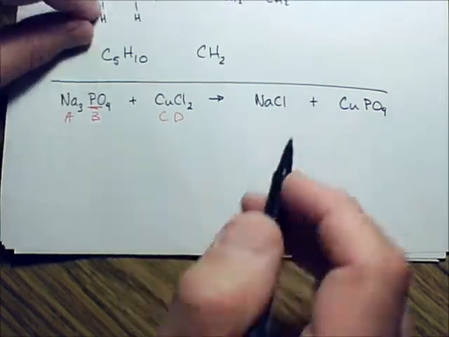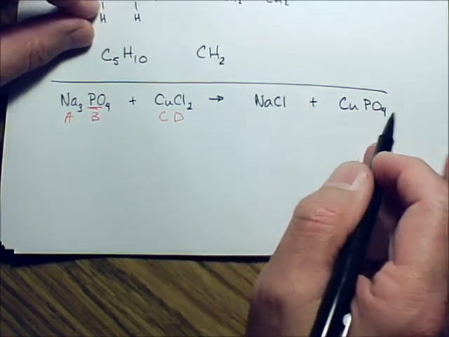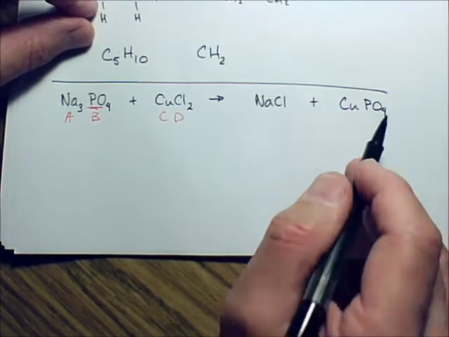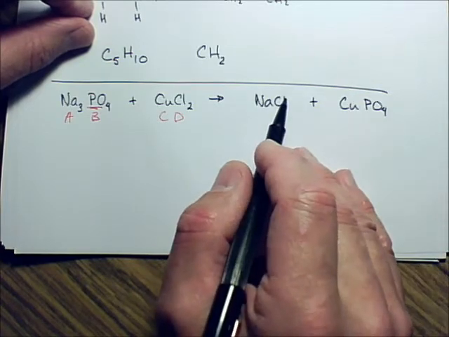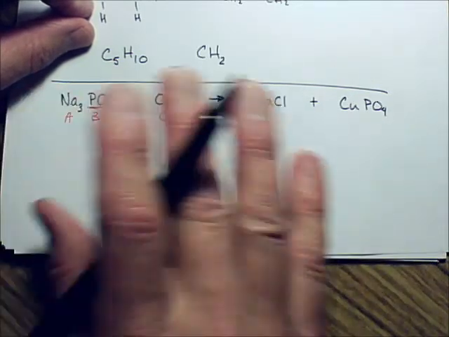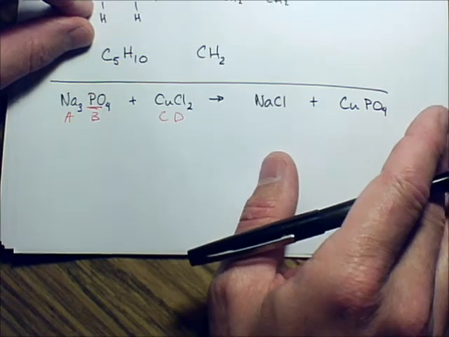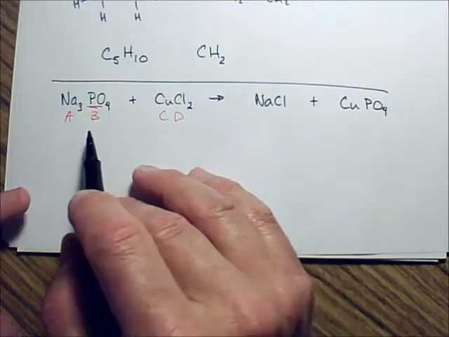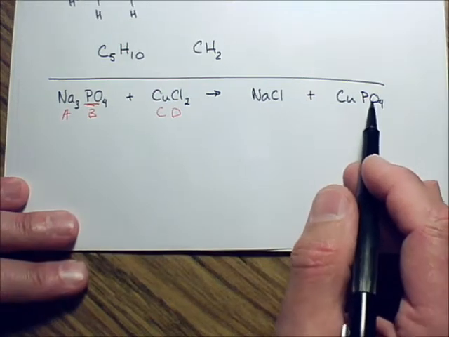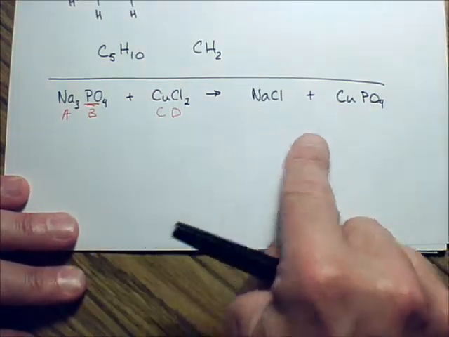Now, these are not balanced formulas yet. But I don't want to balance them yet because I want to know what physical states I'm going to have over here, because that's going to tell me if the reaction even occurs at all. I've already done the classification. Is there a driving force? The driving force for a double replacement reaction is the formation of what in the products?